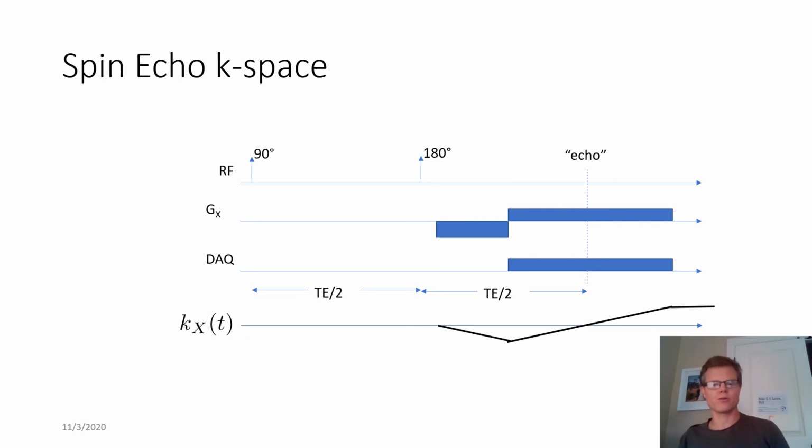And then I want to go through what things look like in the k-space perspective from a spin echo pulse sequence. So this is one way you could create a spin echo pulse sequence.